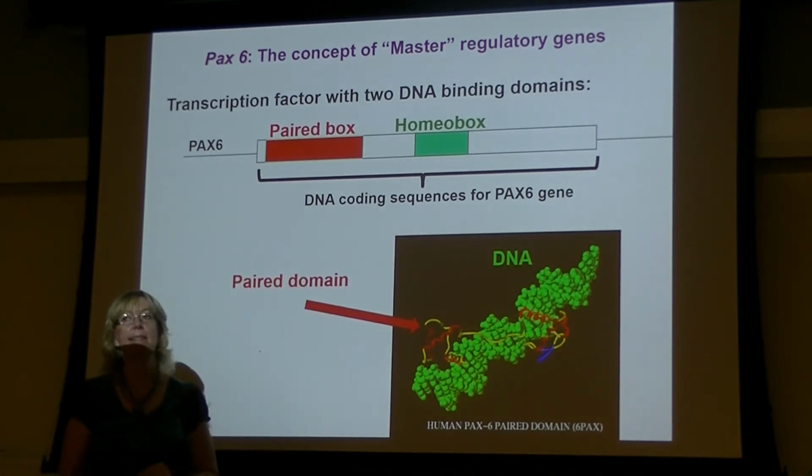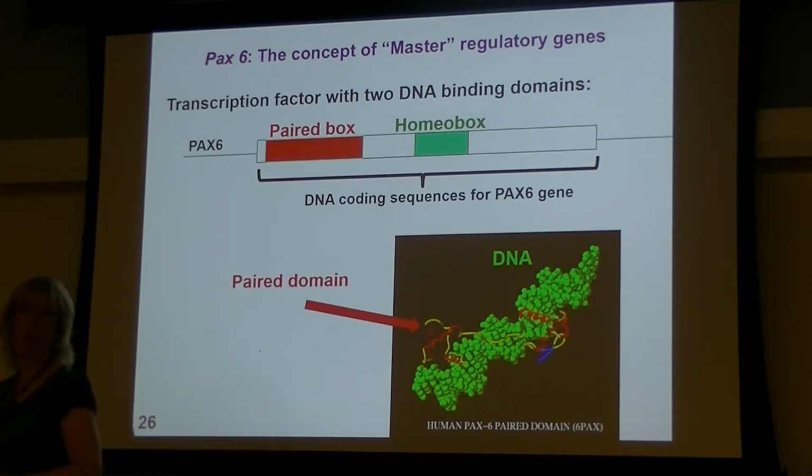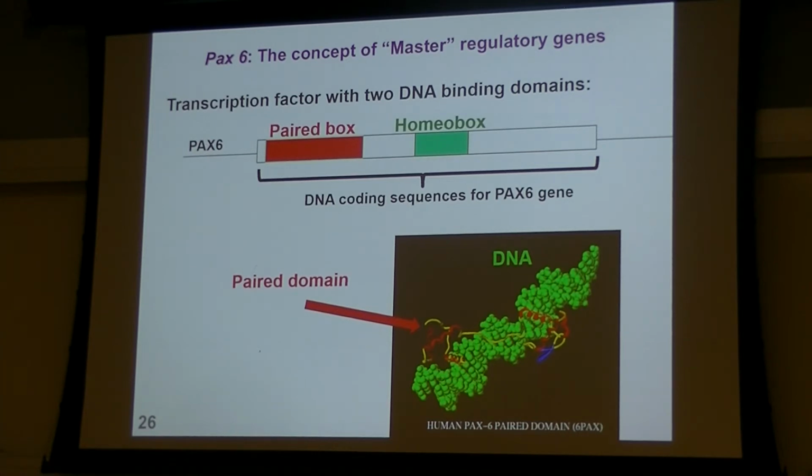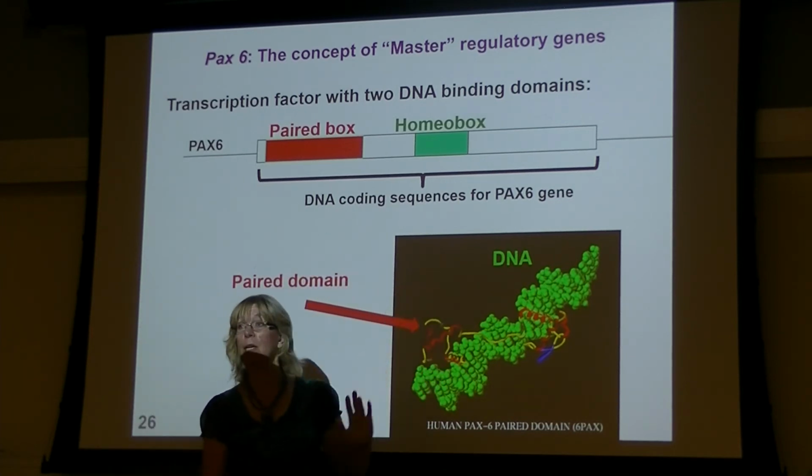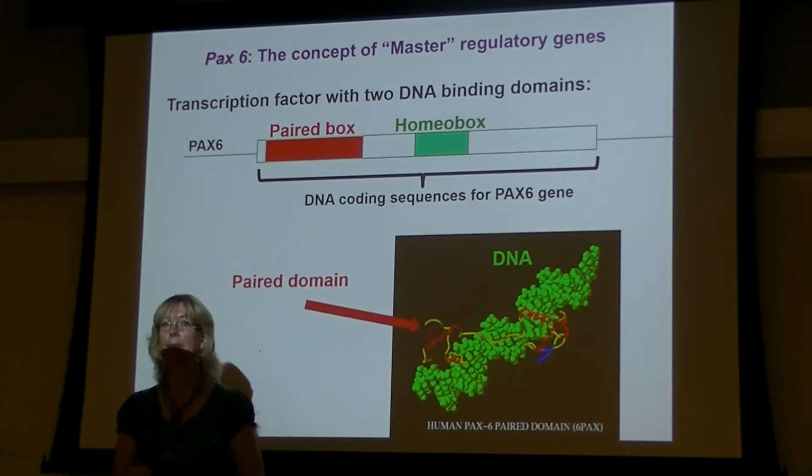This PAX6 also happens to have a homeobox. So they have a distinct and separate region of the coding region that is very, very similar to all the genes that have this homeobox family. So it actually has two, and the sequence of the paired box and the sequence of the homeobox are different, right?